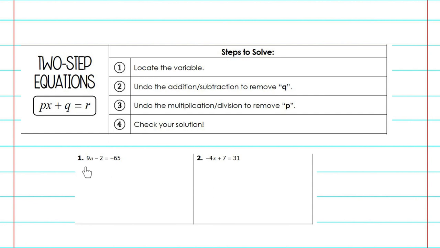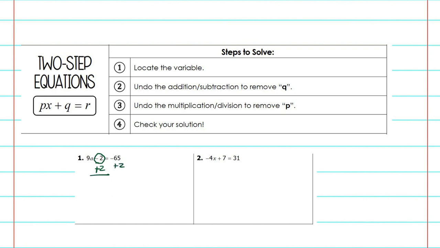Okay, so let's look at our example here at number 1. 9a minus 2 equals negative 65. Okay, so I have minus 2 here. The inverse operation of subtraction is addition, so I'm going to add 2 to both sides.